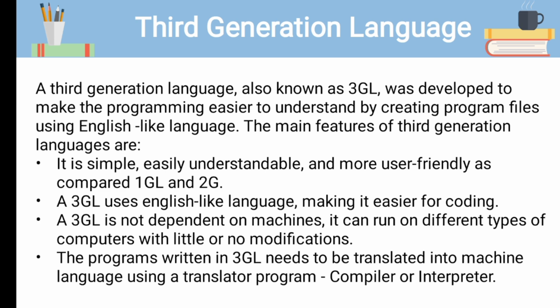Programs written in third generation language need to be translated into machine language using a translator program like a compiler or interpreter. Examples of these languages are COBOL, Fortran, Basic, C, Java, JavaScript, Visual Basic. These are the examples of third generation high level language.